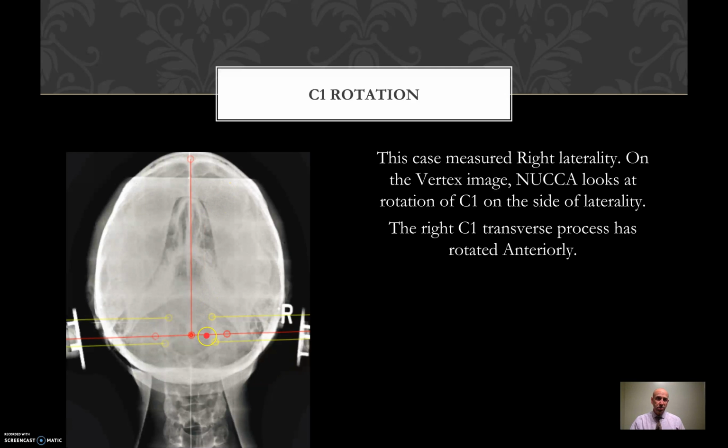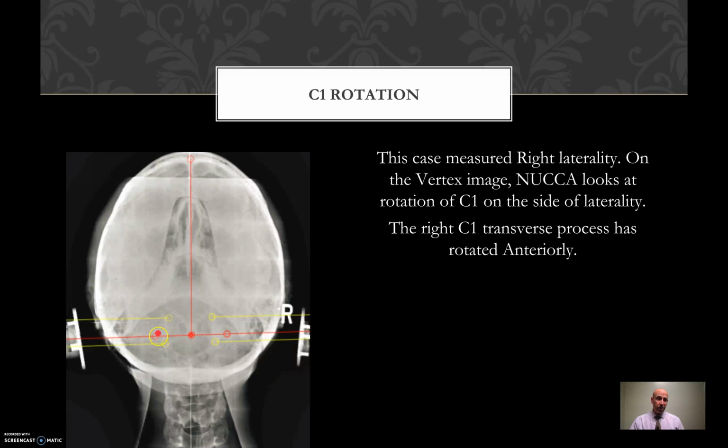So once we've established these vertex skull line and the line through the transverse foramina, we measure the angle. And so in this case, since once again we're looking at right laterality, we're looking at the right transverse process. And in this case, visually, it assesses as an anterior on the right.